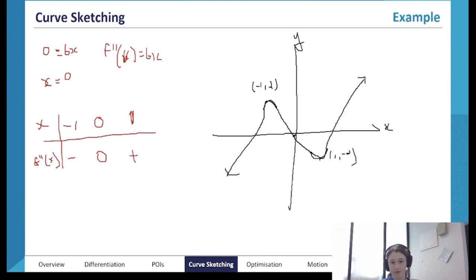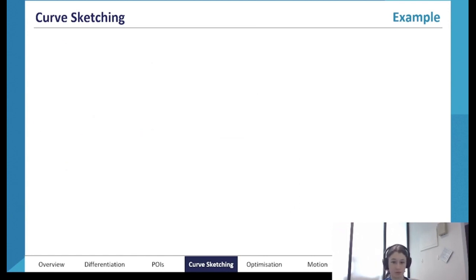So yeah, this is how we can use the stationary points and the points of inflection to graph a curve, telling us information about the nature of the stationary points and about the concavity of the curve. The one more thing that you need to do is probably find the intercepts, which you should know how to do. But other than that, that is basically the basics of curve sketching for polynomials.